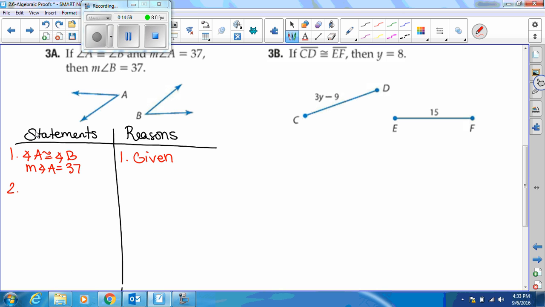Okay, now, just like we talked about earlier, if angles are congruent, then we know their measures are equal. We can say measure of angle A equals the measure of angle B. And I'm just going to say if angles are congruent, their measures are equal.